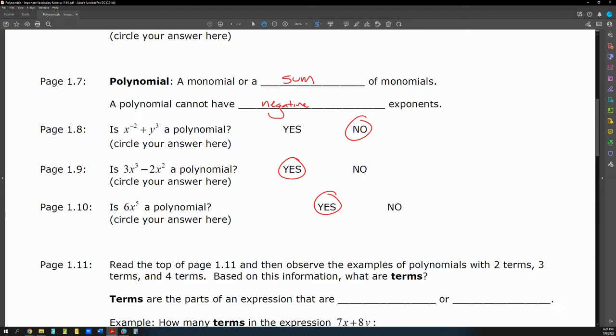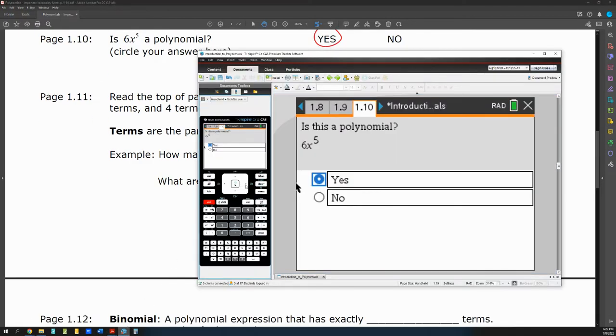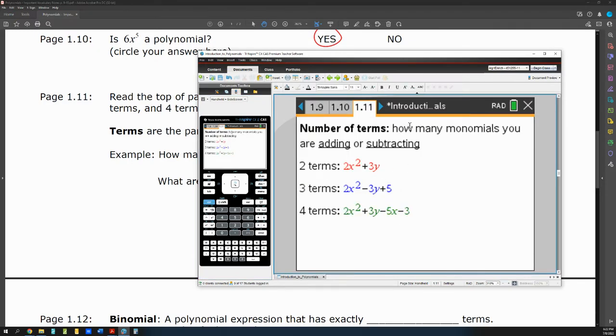Let's take a look at the next page and see what we notice about terms. What can we say about terms? The number of terms is how many monomials are added or subtracted. So look at how many things we are adding or subtracting. This has two terms, where the terms are 2x squared and 3y.